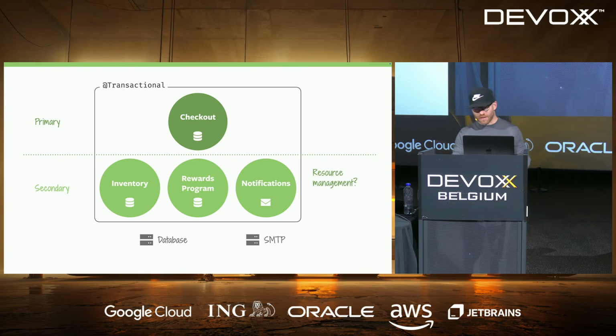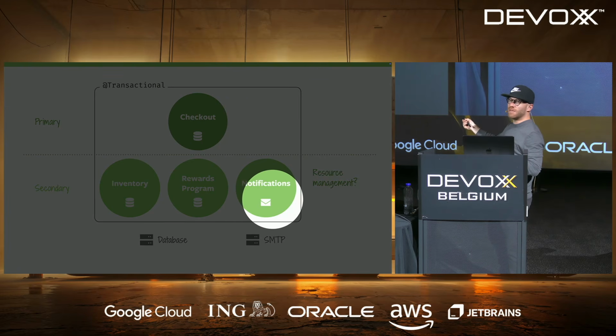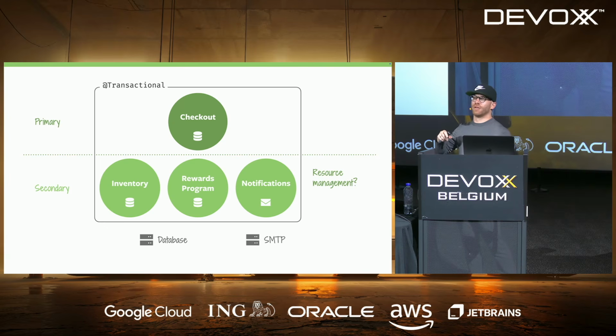So the question that comes up is, what about the resource management and consumption, right? If the transaction stays open for the entire interaction, it also stays open while we communicate with the SMTP server, which could be quite a few milliseconds, in which we actually don't necessarily need the database transaction to still be open.